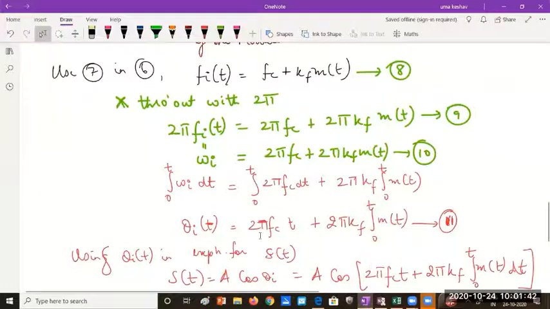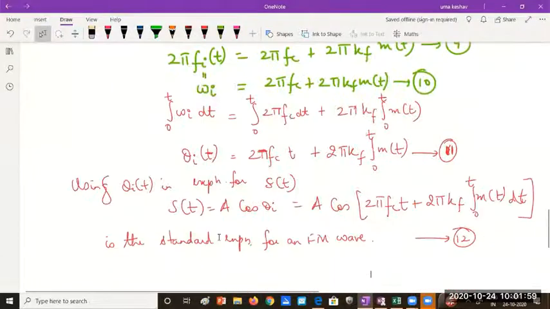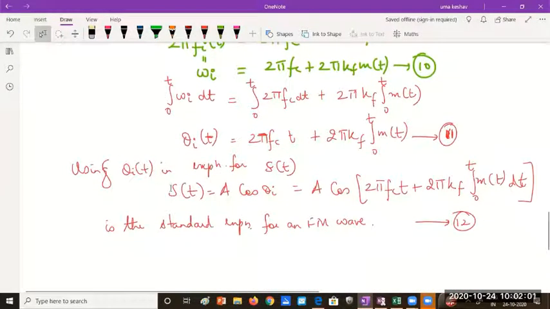and this 2 pi Fc is a constant. Integral of 1 is t with limit 0 to t, and 2 pi kf is a constant, integral of the message. So this is the expression for the instantaneous angle in a frequency modulated signal. Now, to represent the frequency modulated signal, all I have to do is fill in the value of theta i in this expression, A cos theta i.